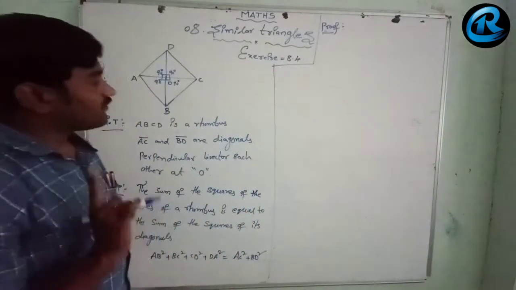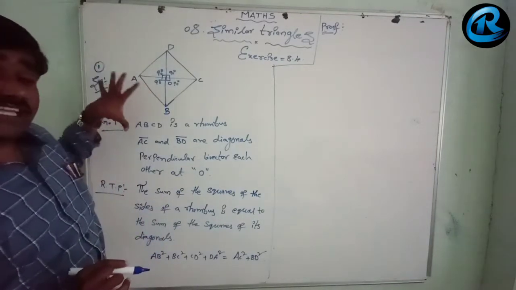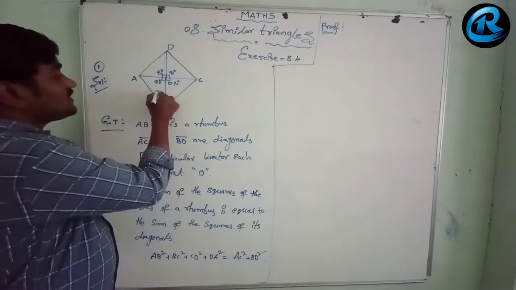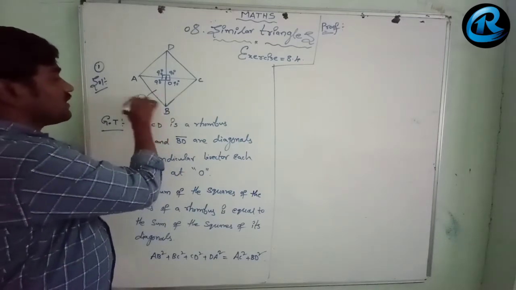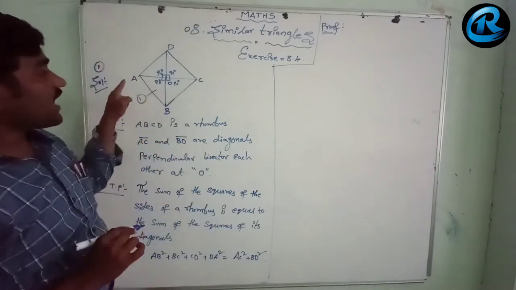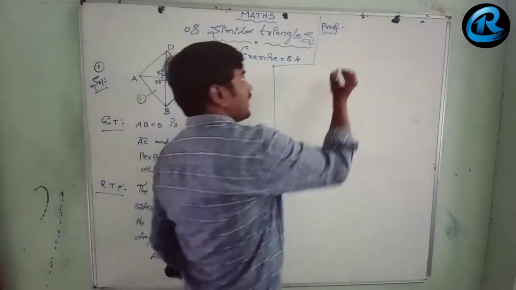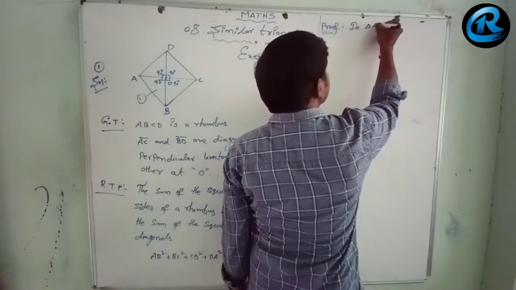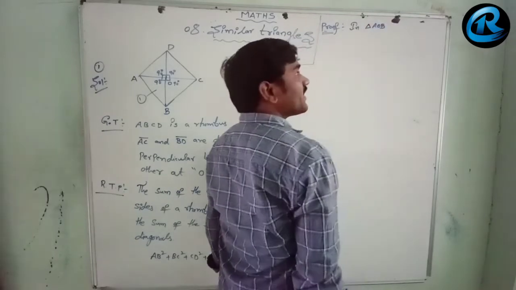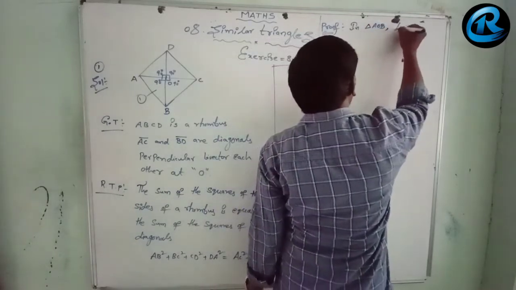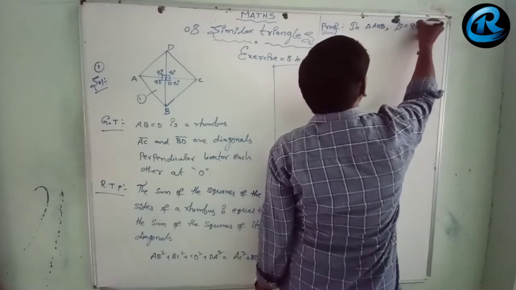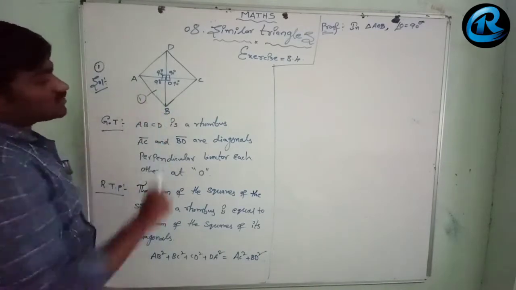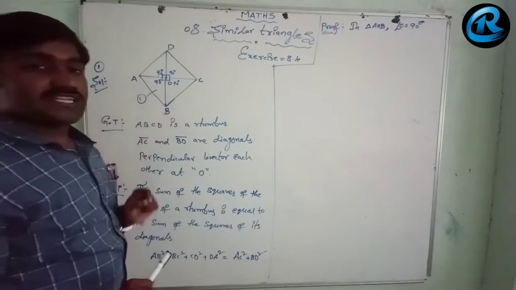So let us go for the proof now. In this rhombus ABCD, let us take first this triangle. In triangle AOB, angle O is equal to 90 degrees. If one of the angles is 90 degrees, it is known as a right angle triangle. So triangle AOB is a right angle triangle.